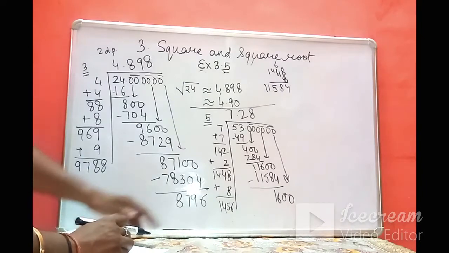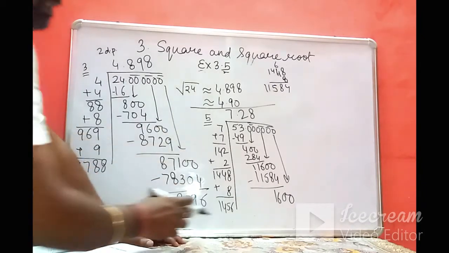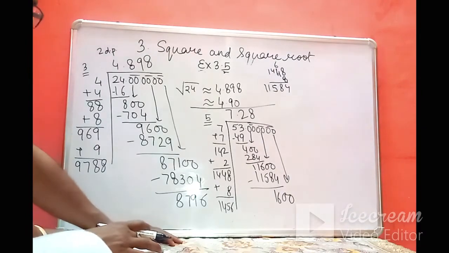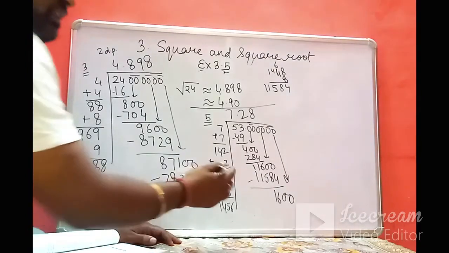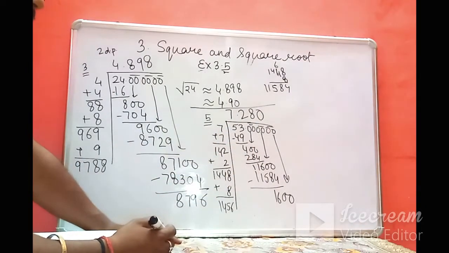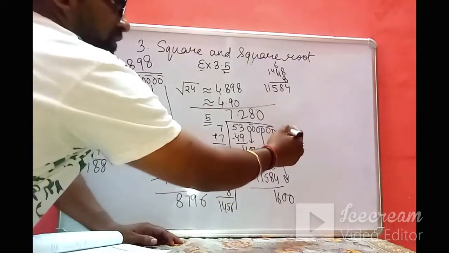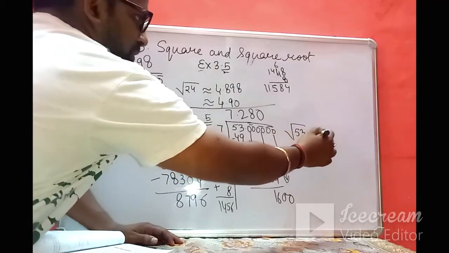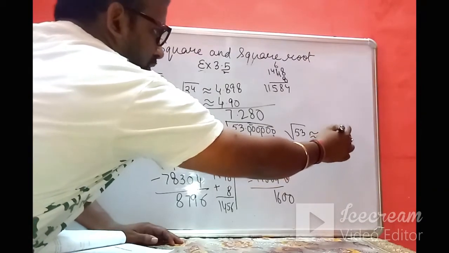Now see, if I put 1 here, it becomes 1, 4, 5, 6, 7. That is definitely larger than it, so I will put a 0 here. Okay, then what is the square root of 53? This is approximately 7.28.